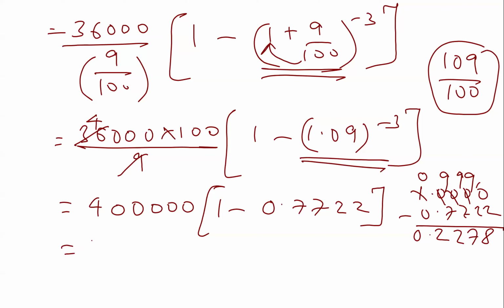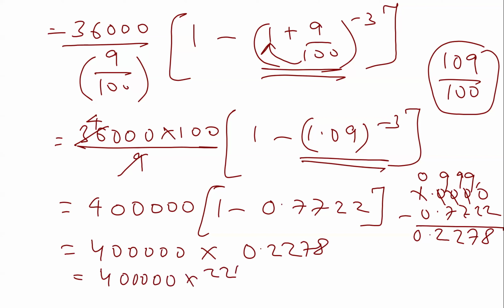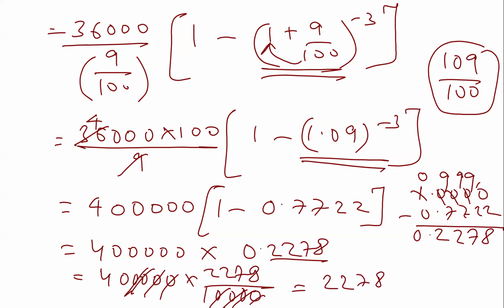Okay, so 4 lakh into 0.2278, which is 4 lakh into 2278 upon 10,000, because there are four decimal places, the zeros will get cancelled. So this will be 2278 into 40. You have to multiply this, and whatever answer you get, that will be in rupees. Okay, so this is question number 5.